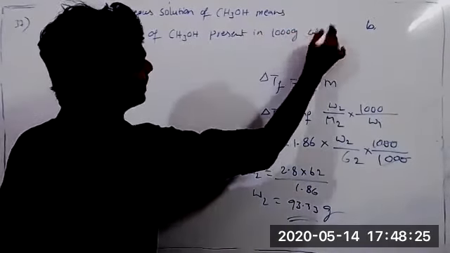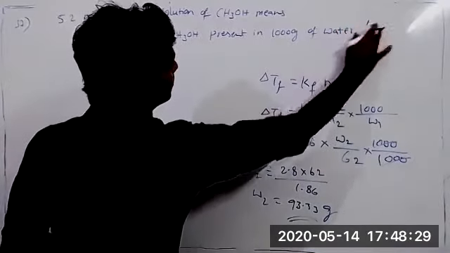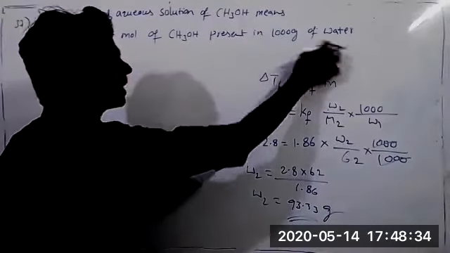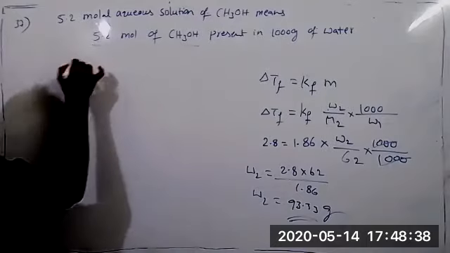This is molality. Careful, molal means molality. So I am taking here 1000 grams of water. Now we have the number of moles of methanol as 5.2.